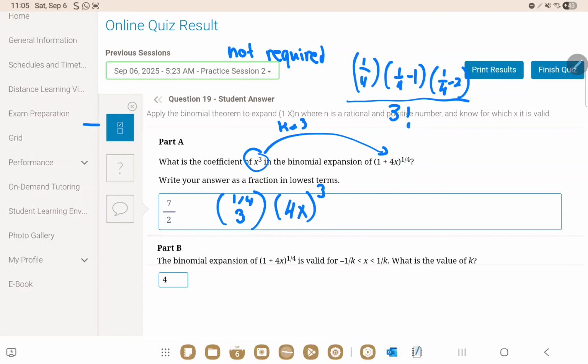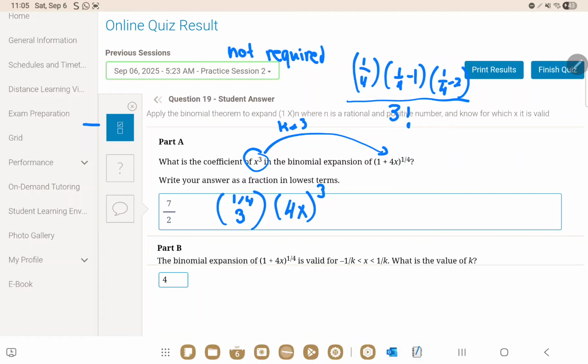You will get, let's see, 1 over 4 times 1 over 4 minus 1 into 1 over 4 minus 2 all over 3 factorial, which is 7 over 128.